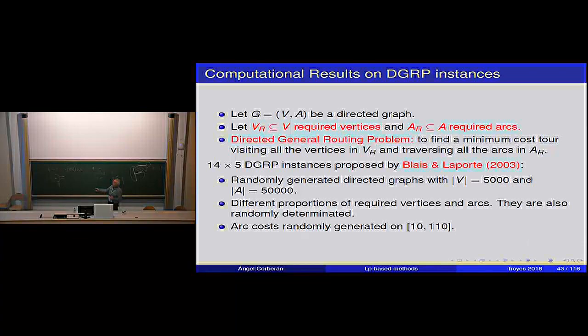So these guys transformed this problem into an asymmetric TSP and used the Carpaneto and Toth algorithm. They tried their approach on instances of up to 5,000 vertices and 50,000 arcs.